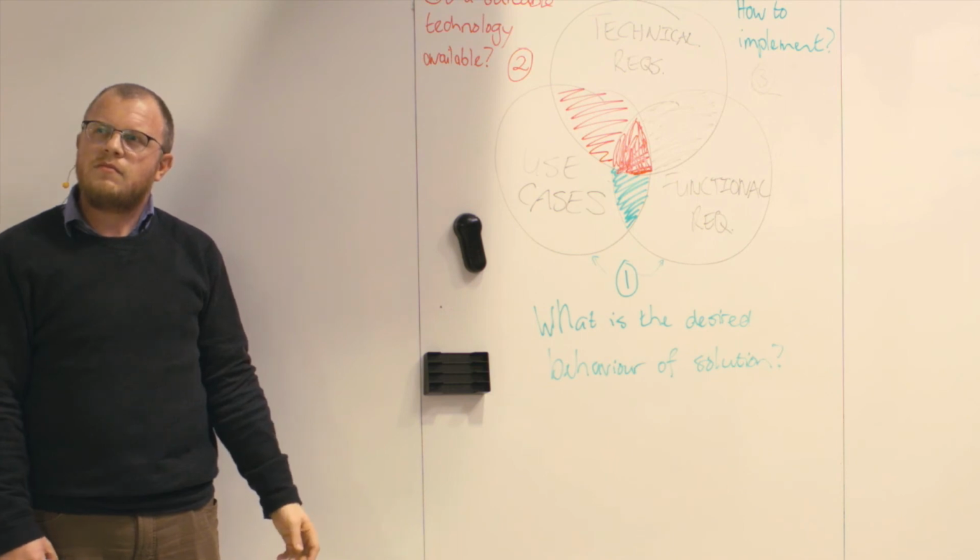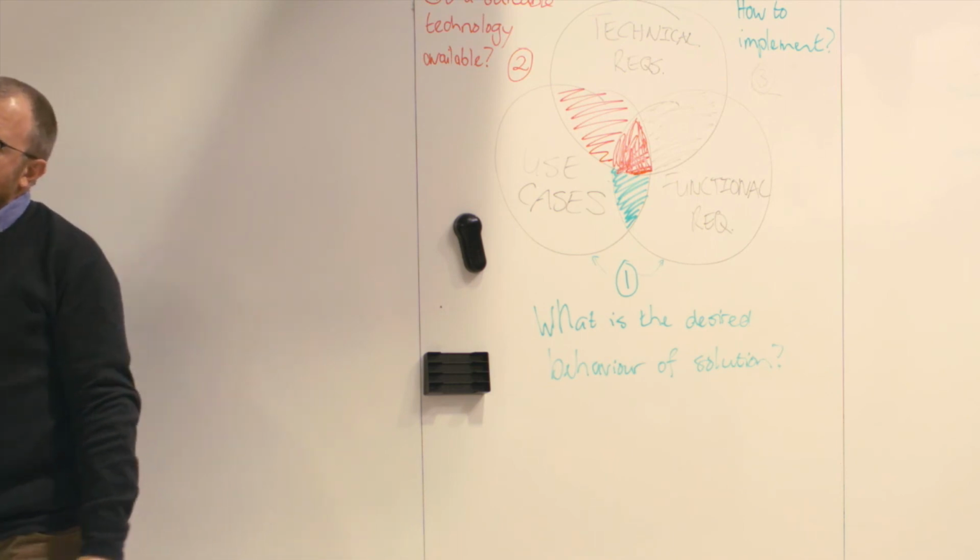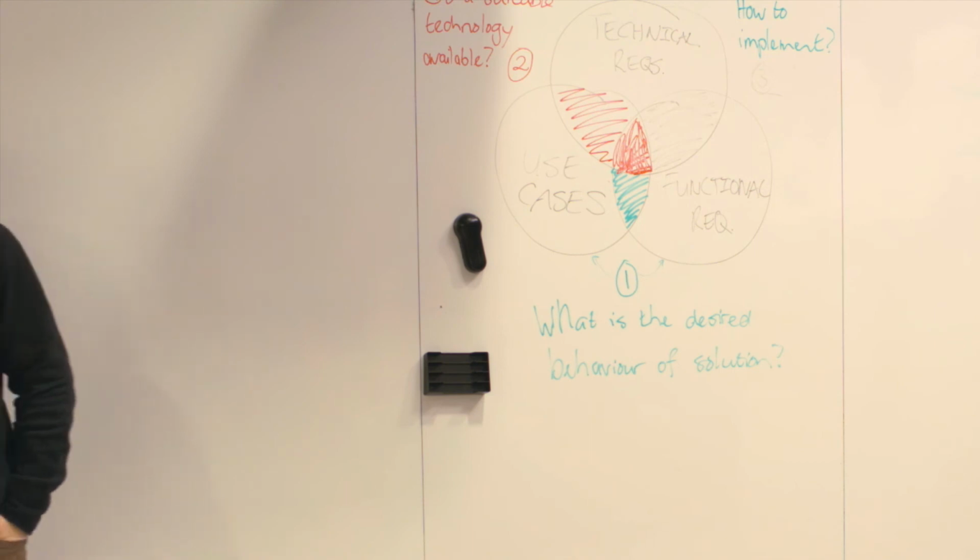Let's take an example. Let's say that I want to have a website of some kind. And I have some functional requirements, so maybe I need to tag some things, and I want to do some things. Then I would sort of do what technology would suit these functional requirements.